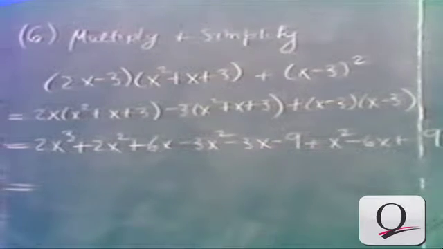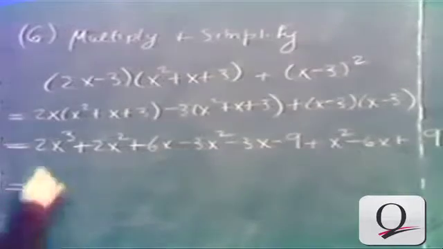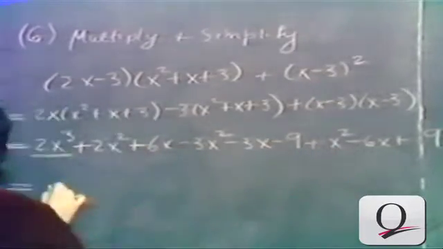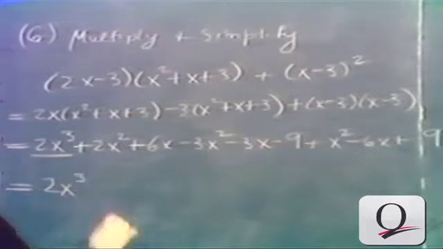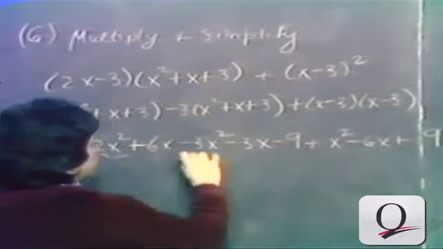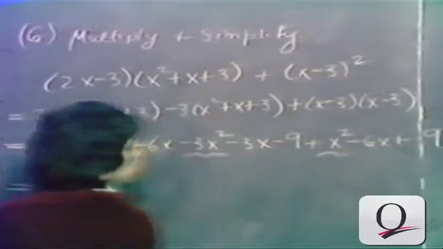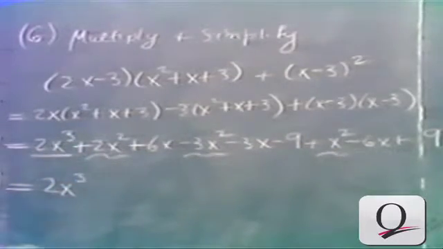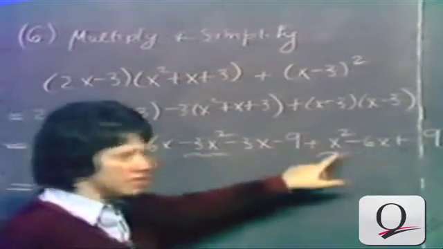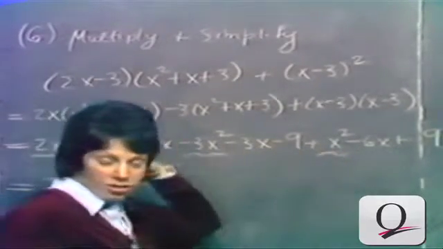And now let's try to combine like terms. This is the only term involving x cubed, so we'll just be leaving that. Now let's look at the terms involving x squared. We have a 2x squared, a minus 3x squared, and a plus x squared. 2x squared minus 3x squared is minus x squared, plus x squared is 0x squared.